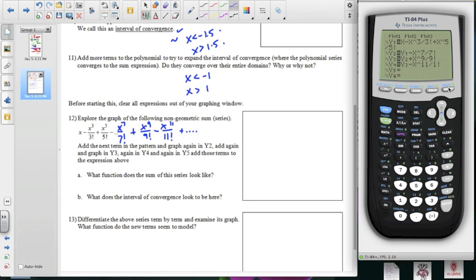And, oops, I forgot a 1 there. x to the 11th divided by 11 factorial. There we go. Then we'll start to see the x to the 11th divided by 11 factorial coming through here.